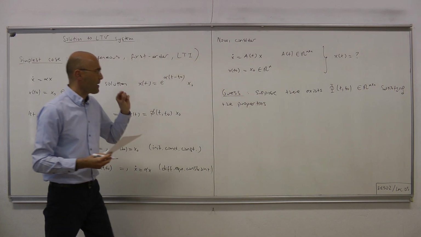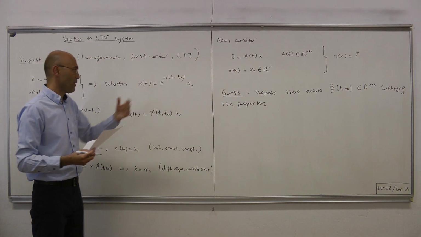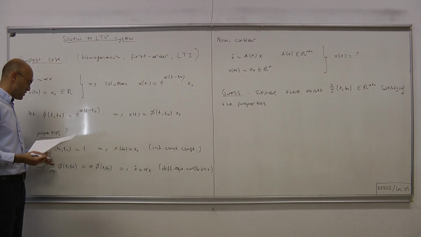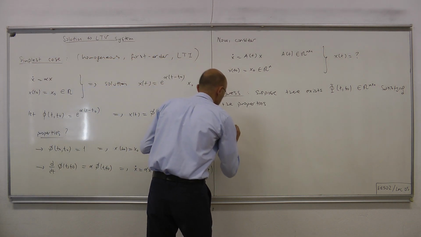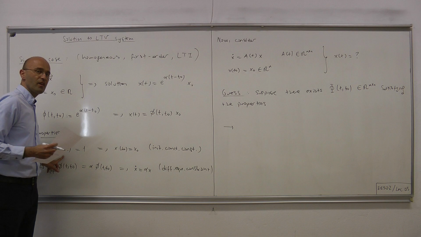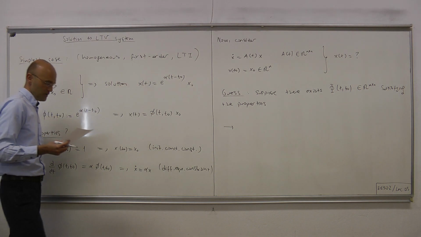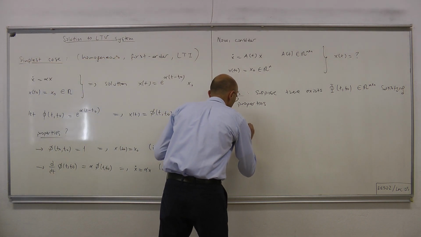And those properties will be coming from the simple properties satisfied in the LTI scalar case. Now, this property will be transferred to the general case, not surprisingly, in the following form.